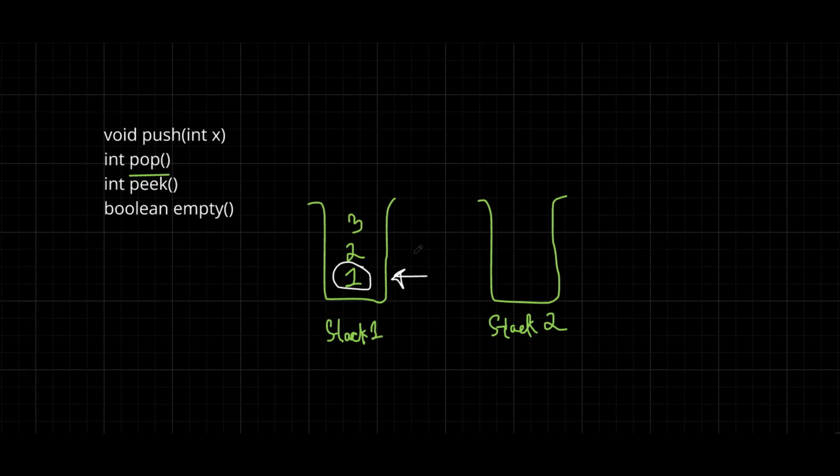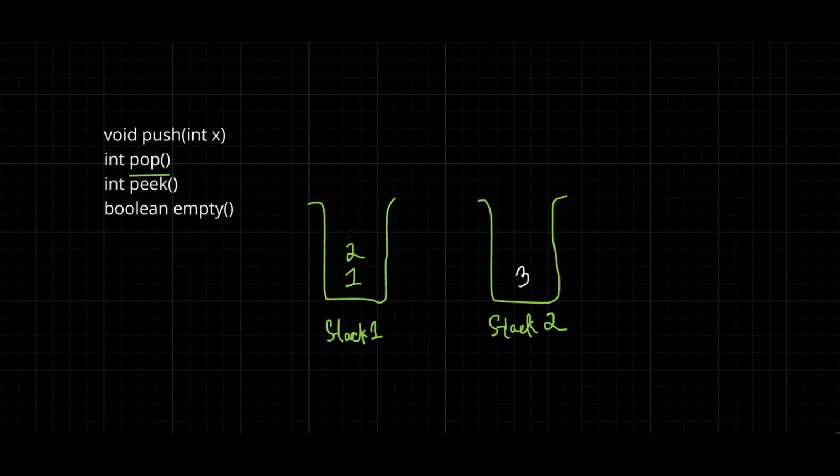That's why we have to take help of the second stack. Now, what if we put all of the elements of the first stack into the second stack? Here, the first element will be 3. So 3 will be added here and 3 will be removed from the first stack.